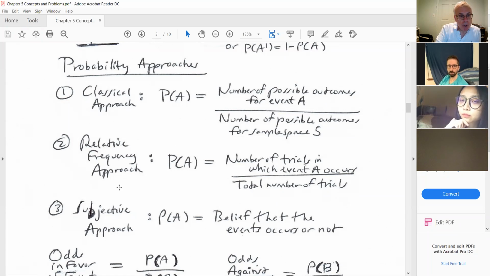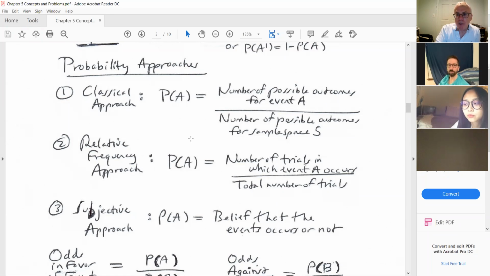So those are the 3 approaches. In statistics in general, we're going to use number 2 most frequently. No pun intended. But you need to know number 1. The reason why you need to know number 1 is something called, and they don't really talk about it much in this book, maybe they will later on, the law of large numbers.